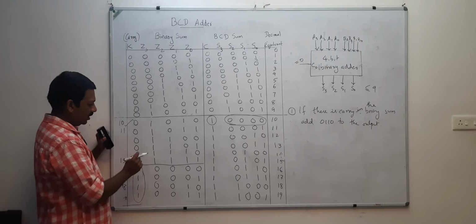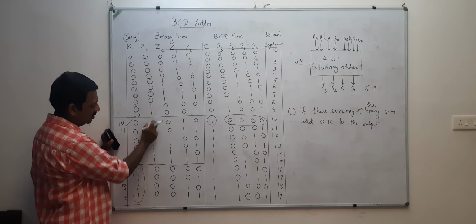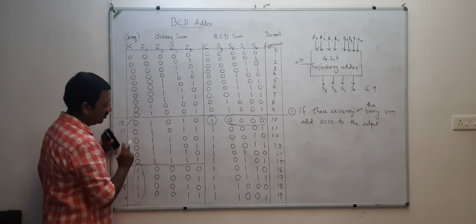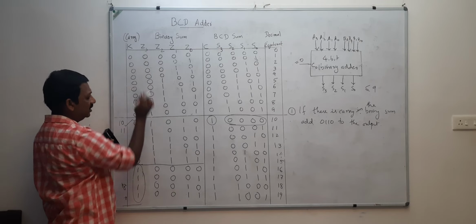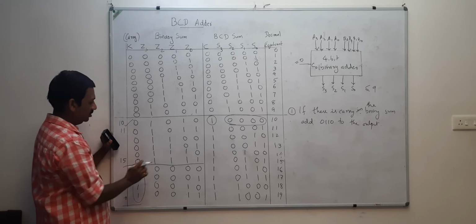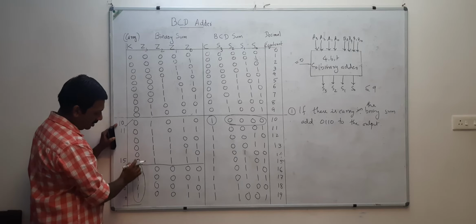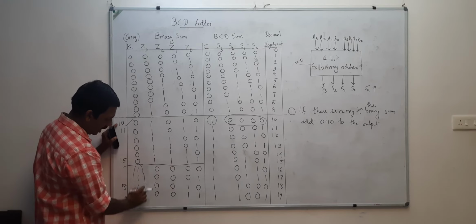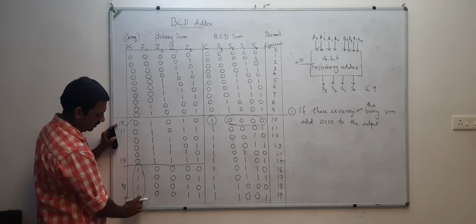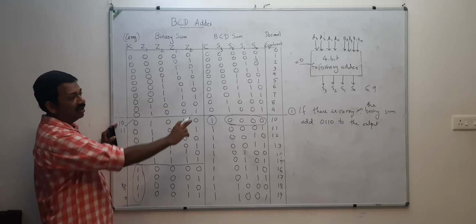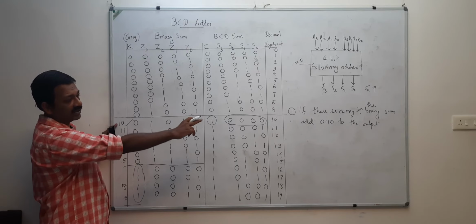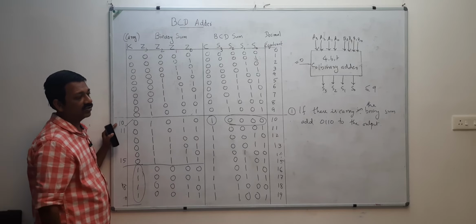Here for all these cases, Z3 is 1. That means here we have taken these 4 and in all those cases the carry is 1. And if there is a carry in the binary sum, add 0, 1, 1, 0 to the output.